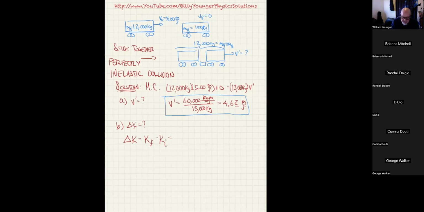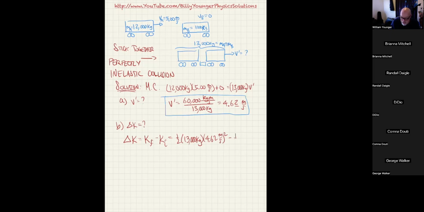The K final is going to be 1/2 of 13,000 kilograms times 4.62 meters per second squared, minus, now remember the other one had two things and they were separate, but one of them had a velocity of 0.